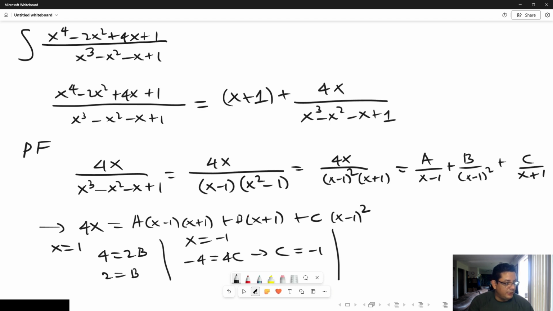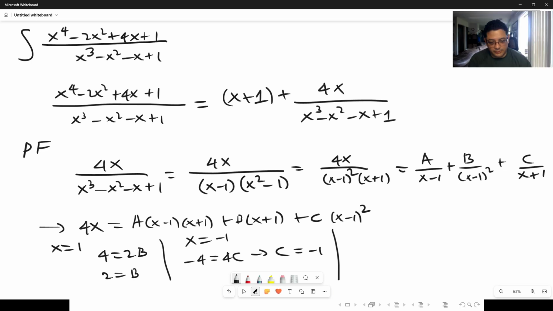And then last but not least, we need to find the third value. We can do that by plugging in a different number. The easiest number to plug in is probably 0. So this is going to give me 0 here.